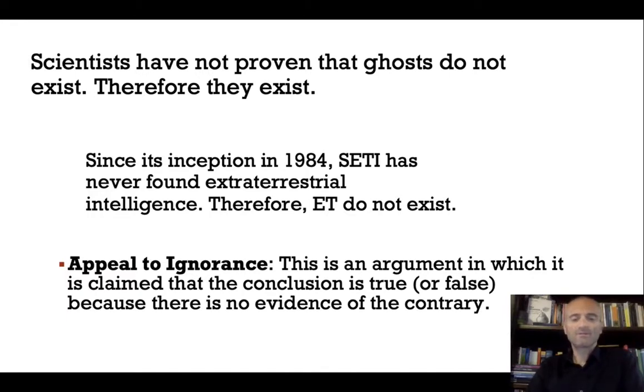So the fallacy here is called appeal to ignorance. Okay, so here the problem is to claim that something is the case or is not the case on the basis of the fact that it hasn't been proven otherwise so far.